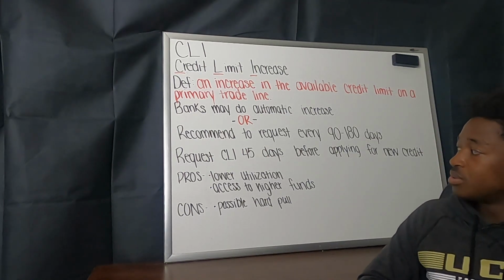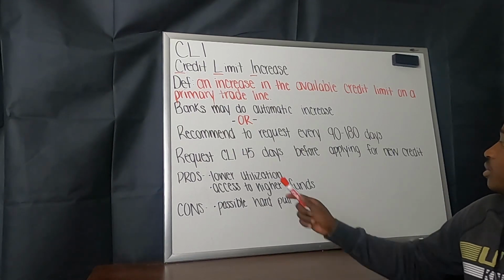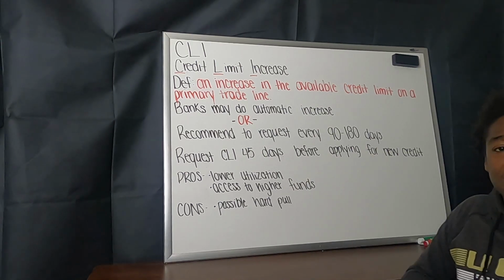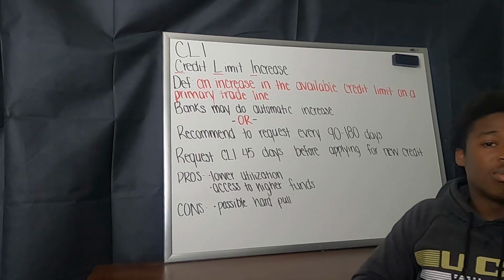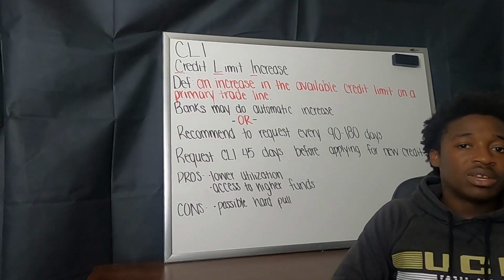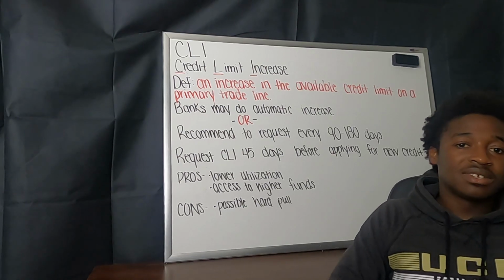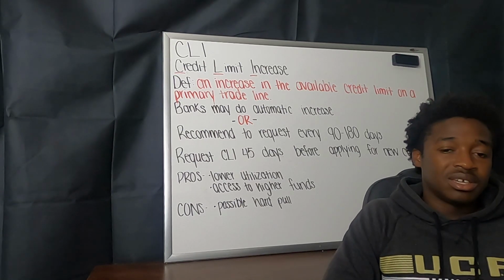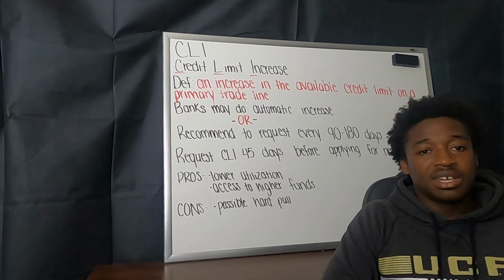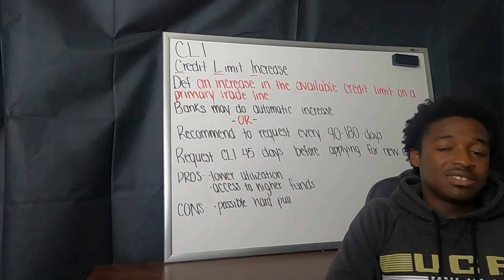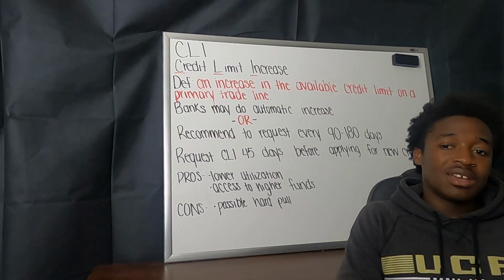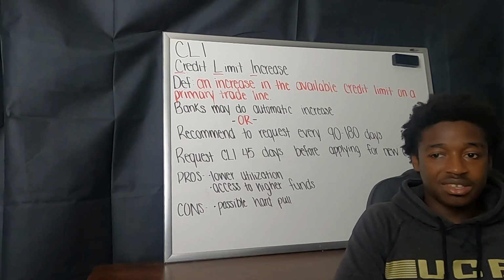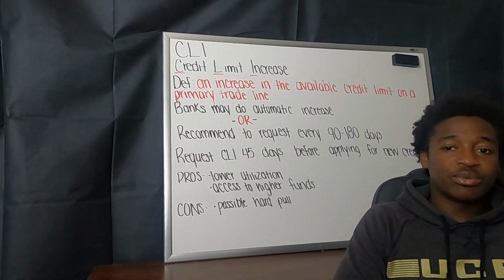Another thing, if you're going to request a credit limit increase, you want to make sure that you're doing this at least 45 days before applying for new credit, because you want your new credit limit to be reporting on your credit report when you go to apply for new cards, so that banks can see that new credit limit on your report. If I get a credit limit increase on the 10th and my statement date is the 20th, and I apply for a card on the 19th, that credit limit is not going to show.